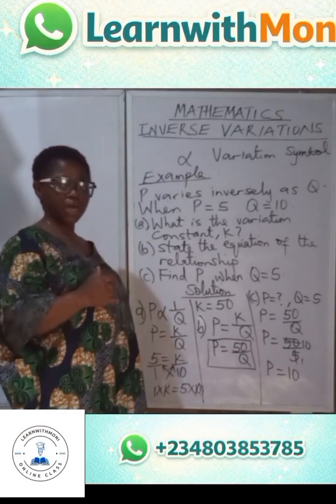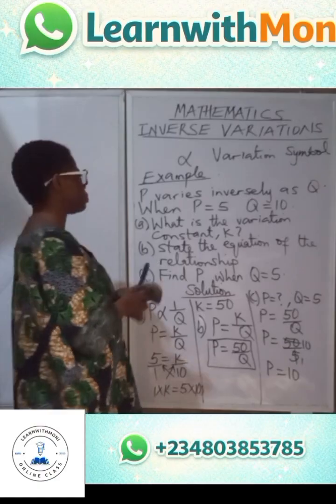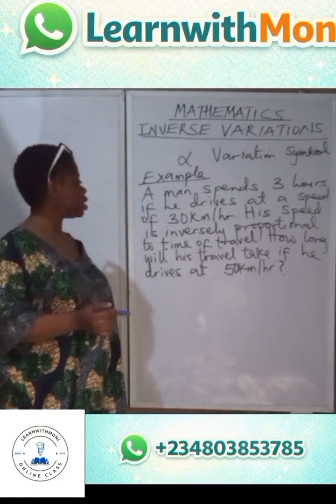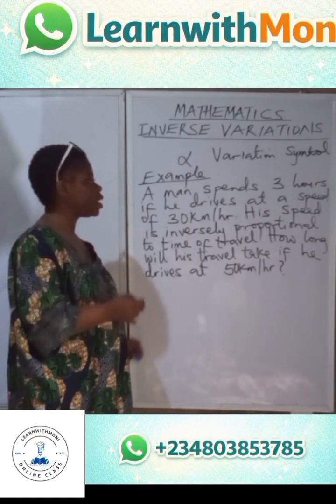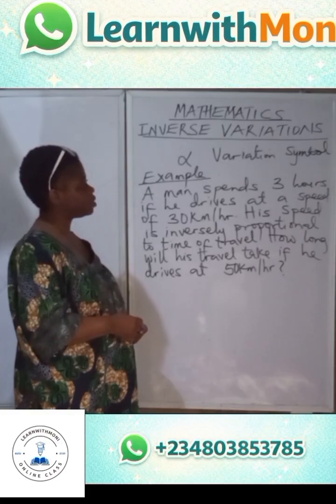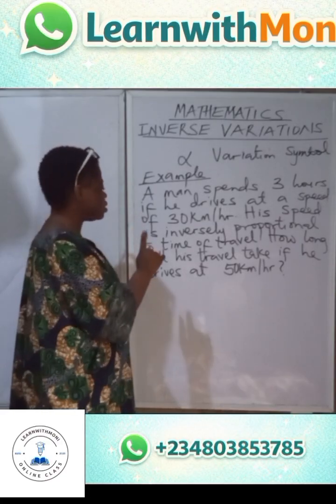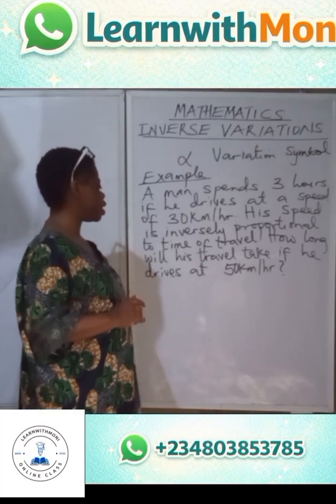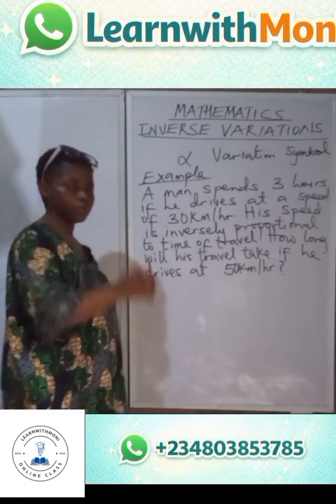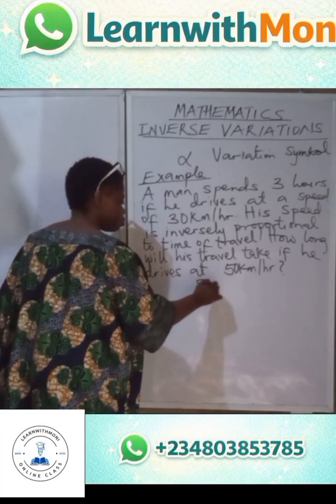Let us see another example. This is a very practical example. A man spends 3 hours if he drives at a speed of 30 km per hour. His speed is inversely proportional to time of travel. Let us express that first.